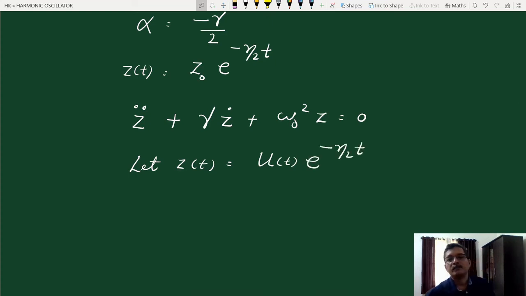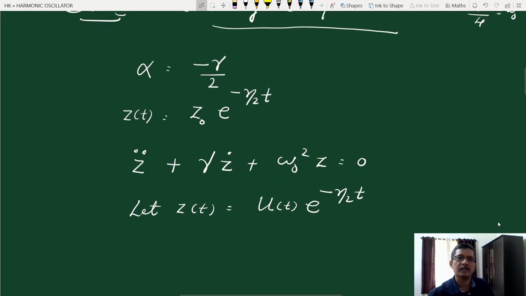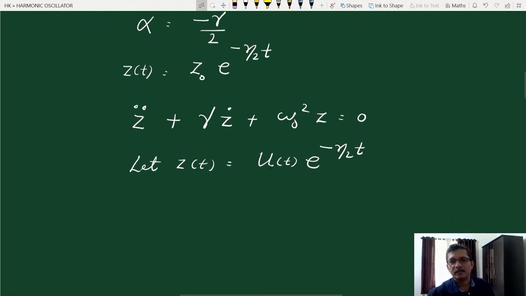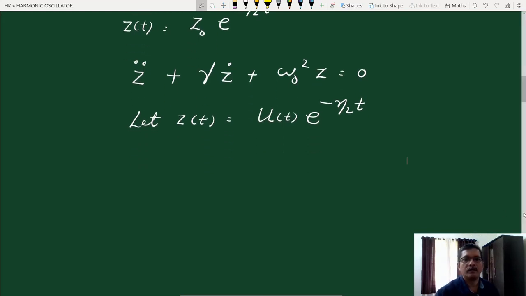I am not using e raised to alpha t because alpha is minus gamma by 2, we know that. In this condition alpha has a single value only. But this amplitude, we have taken it as parametrically changing with respect to time. It's no longer a constant.